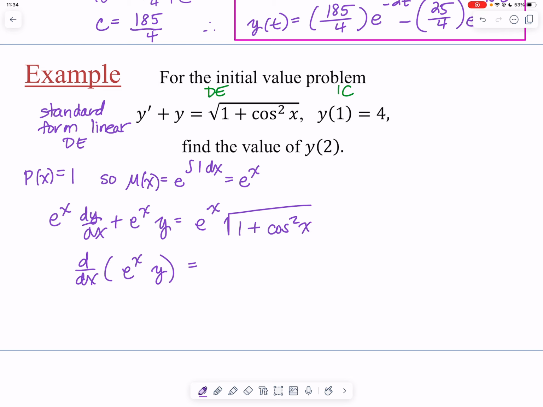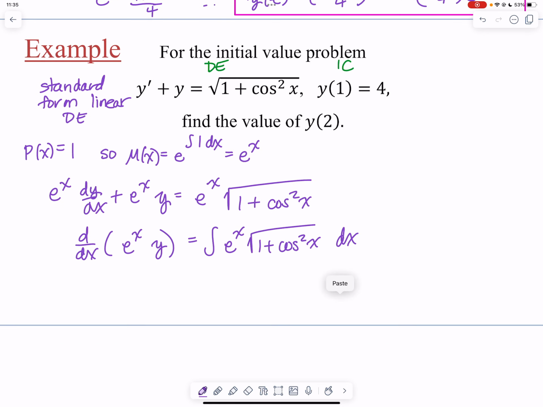And then now we have to integrate that right-hand side with respect to x. And now you can see that we have e to the x multiplied by y is equal to, and now we have a difficult time with this indefinite integral.